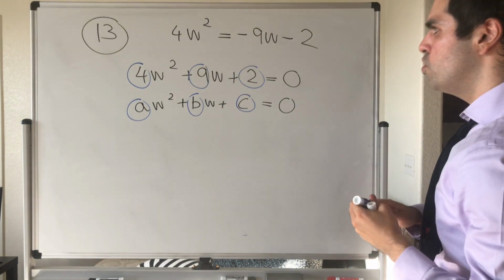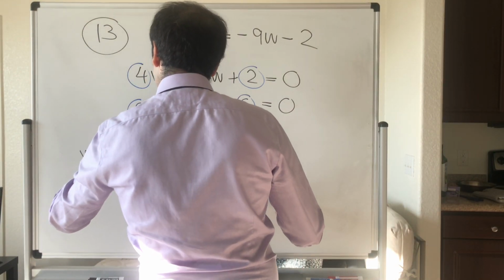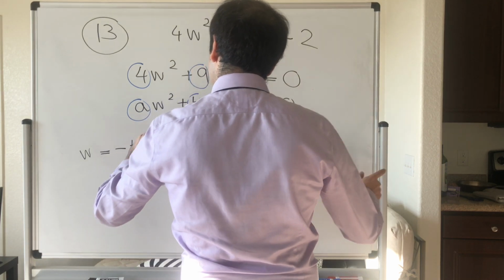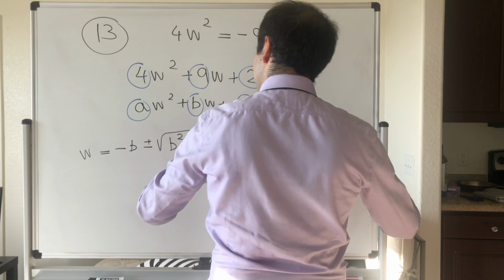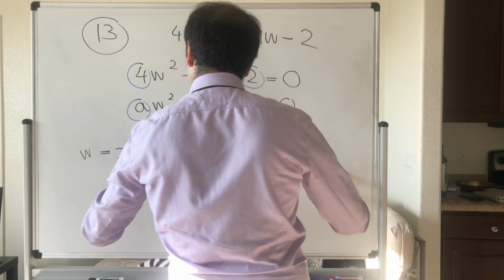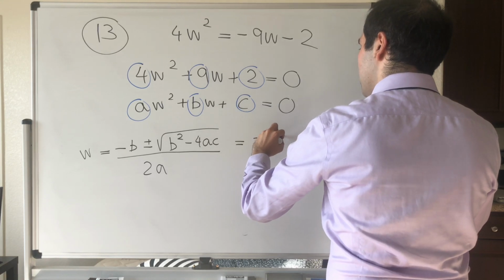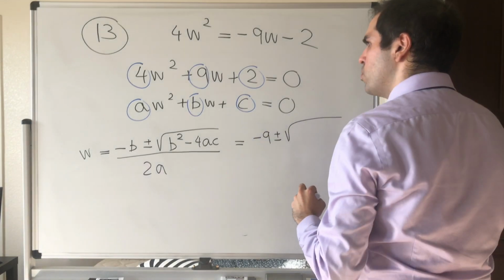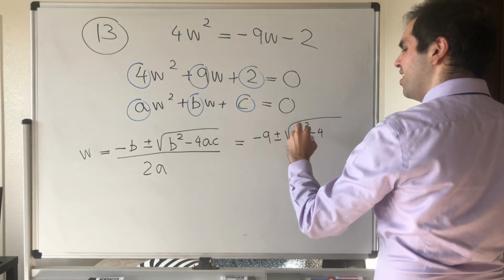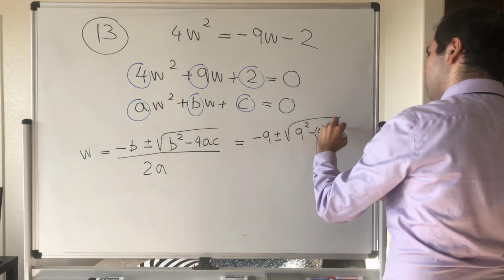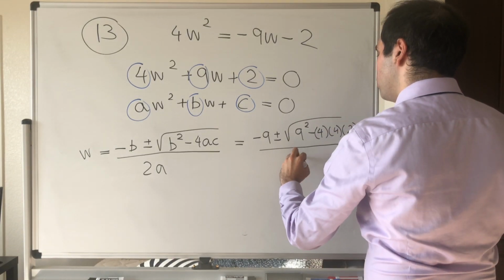And then you just use the quadratic formula, which says that W is minus B plus or minus the square root of B squared minus 4AC, over 2A. So that gives you minus 9 plus or minus the square root of 9 squared minus 4 times 4 times 2, over 2 times 4.